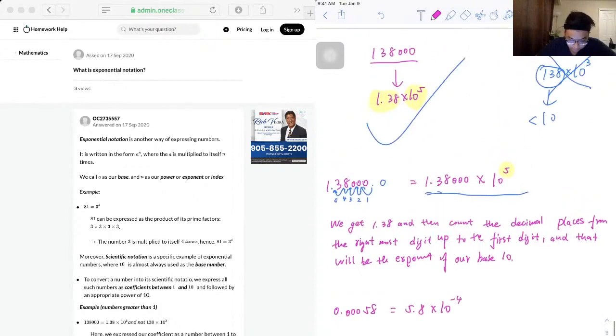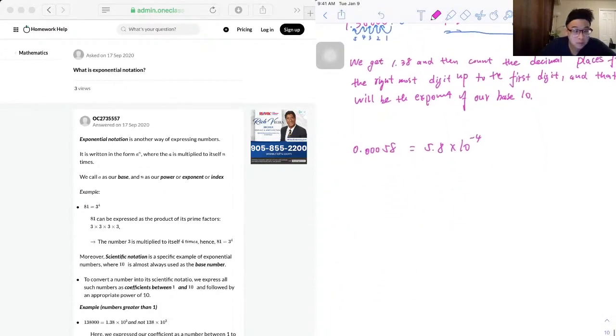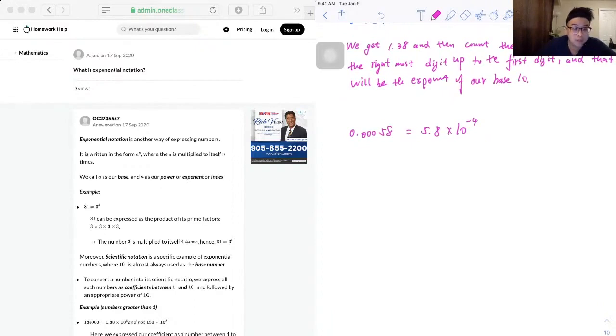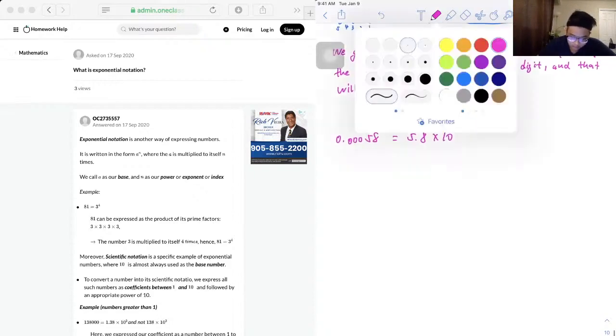Right. Yep. So here we express our coefficient as a number between 1 and 10. And hence we need to have only one digit to the left of our decimal point. And so same thing here.